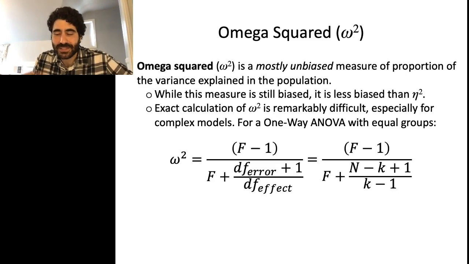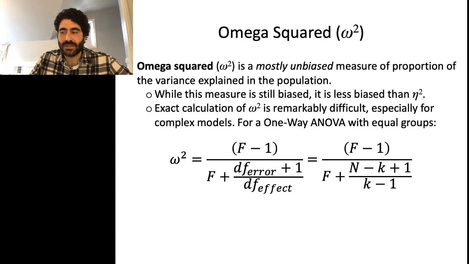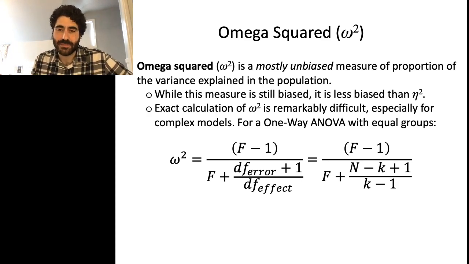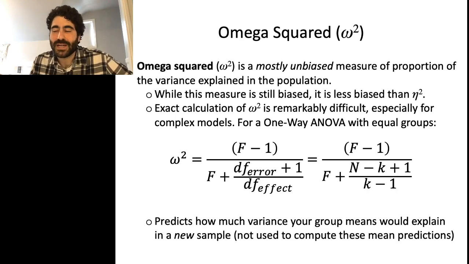It's very similar to the eta squared formula, but you subtract 1 in the numerator and you add 1 to the DF error in the denominator. So it's pretty similar. This is basically always going to be smaller than eta squared, right? We're adjusting our effect size down by a little bit and trying to get a more unbiased measure of how much variance our group means would actually explain in a new sample.